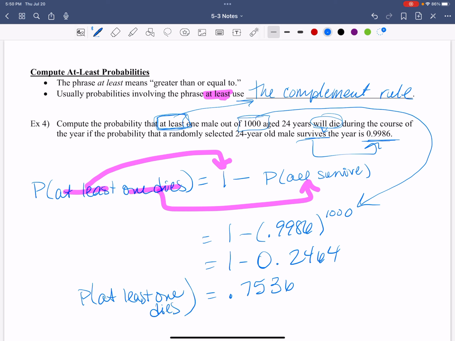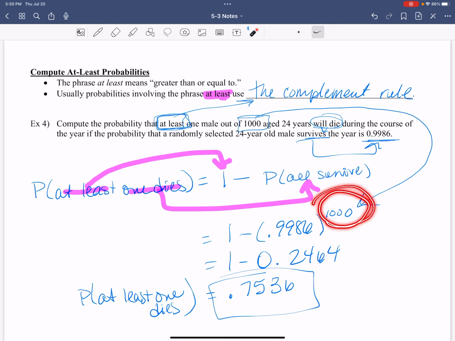I ran out of room. That's my probability. So what did we talk about mere moments ago, right? The higher this value is, I can't keep track of 1,000. So the probability that all 1,000 will live is only about 25%, 24.64.